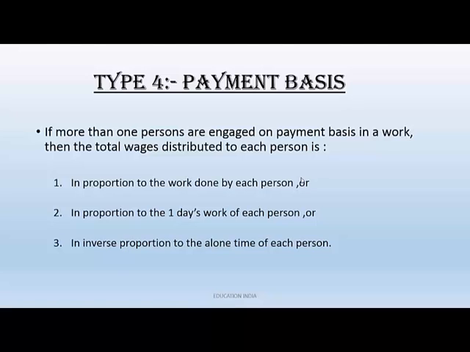What does this mean? If the alone time of a person, let's say A, is less, he can get more share. It basically means that person A is capable of doing more work in less time, so definitely he would be getting more amount. We will have an example based on this that will clarify your doubts.